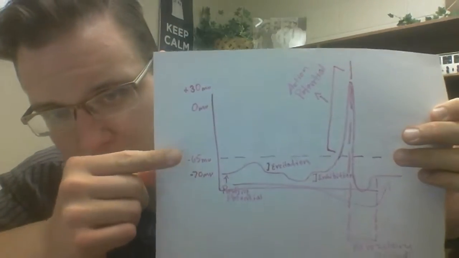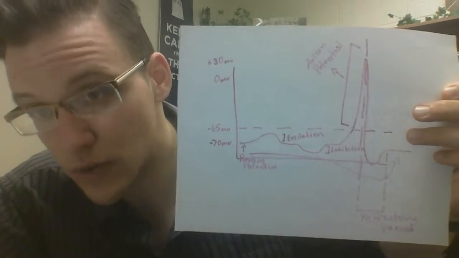Now, in order for a neuron to become active, that neuron has to hit what's called the threshold of excitation, and it's indicated here. So the average threshold of excitation is negative 65. Now, what you notice is that negative 65 is less than negative 70. So the average threshold of excitation is less than the average resting potential.